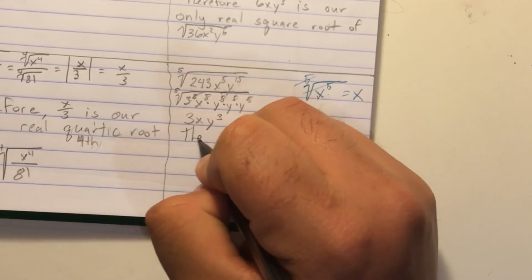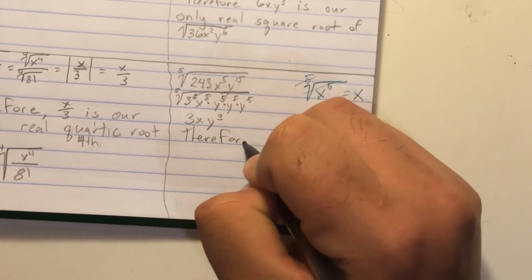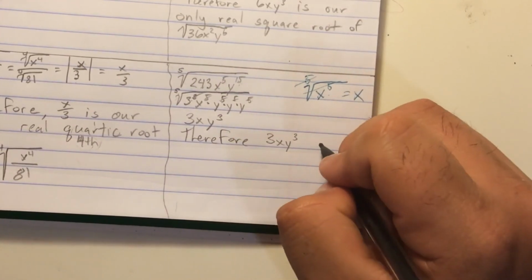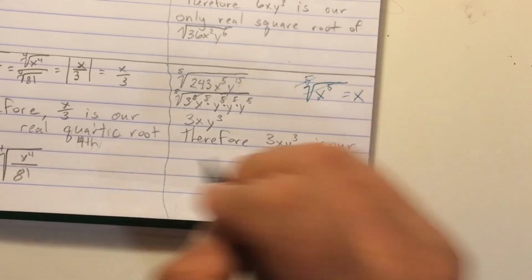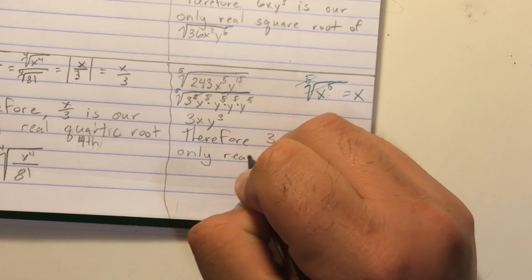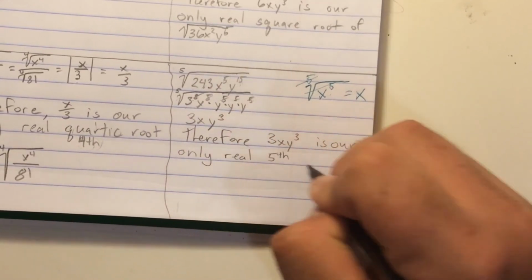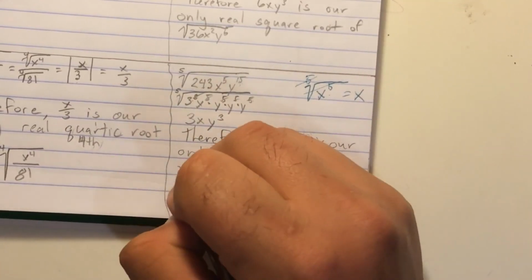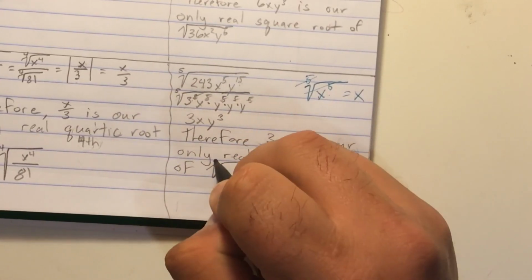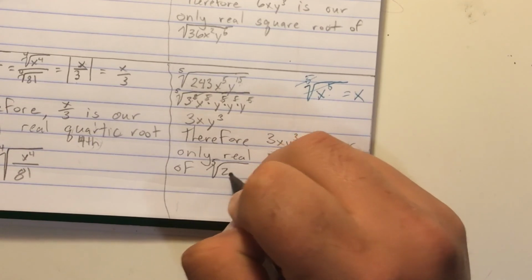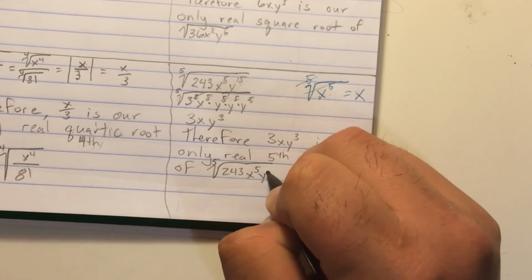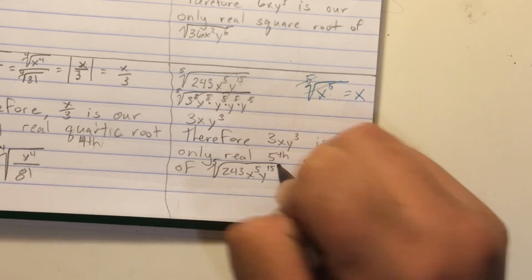Therefore, 3xy cubed is our only real fifth root, or quintic root, of the fifth root of 243 times x to the fifth times y to the 15th.